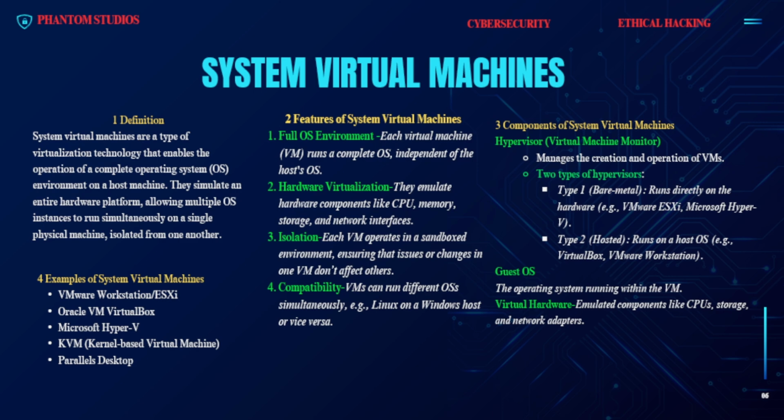Another feature, which is feature number 3, that is worth knowing and understanding, is isolation. Isolation means each can run on their own in that environment. Each VM operates in a sandbox environment.